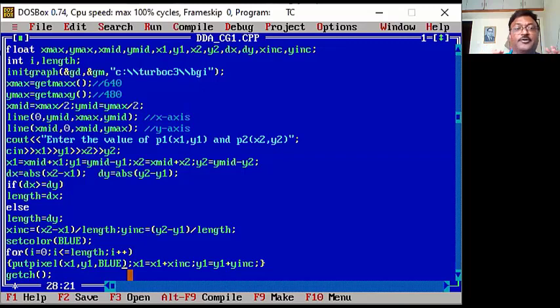Whenever you pass any color, that color is applicable for the line. But for the put pixel, you have to define which color you want. So in a put pixel also you have to provide that value. So here set color is not going to be applicable.